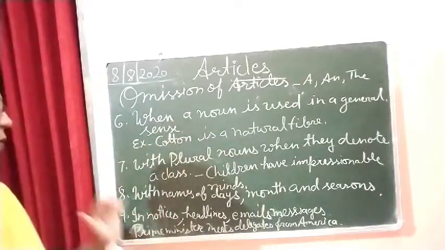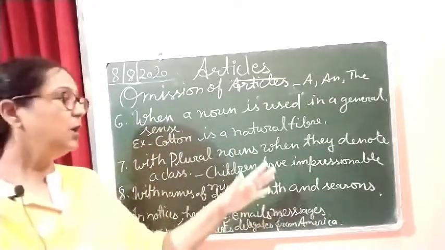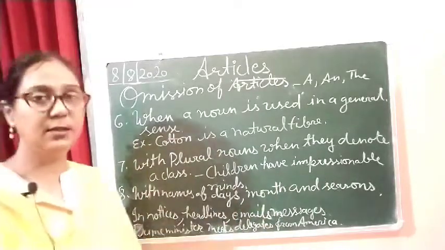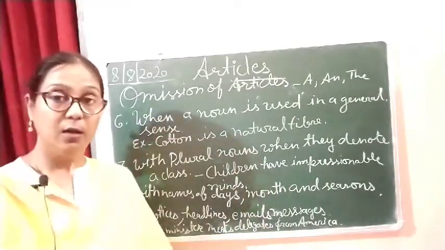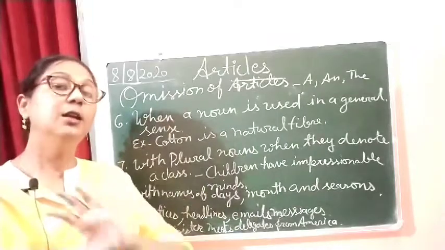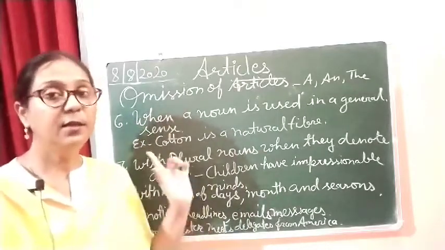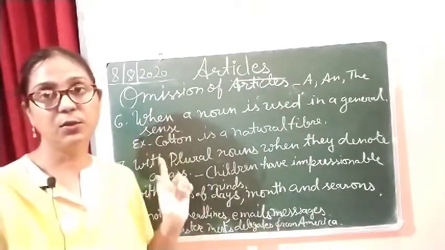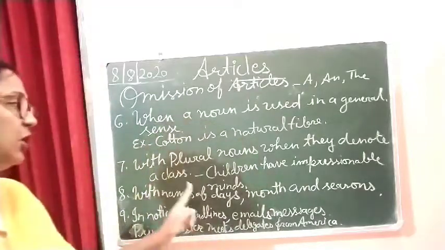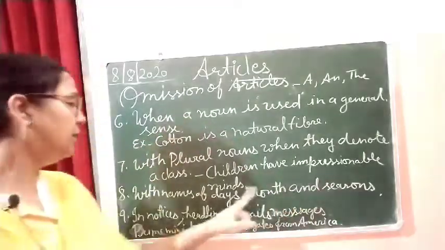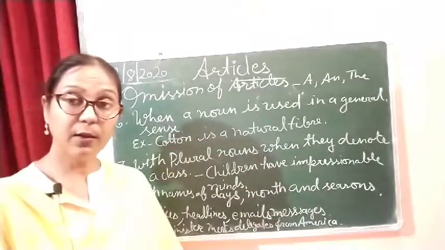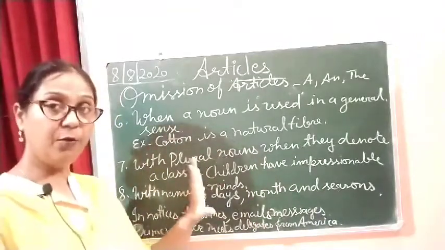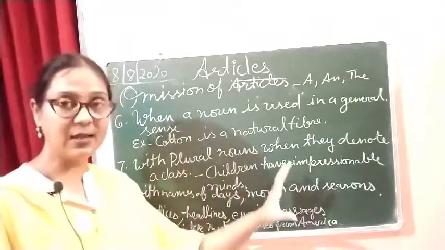Now, 7th point, with plural nouns when they denote a class. Whenever a plural noun denotes a class, there we are not supposed to use articles. Children have impressionable minds. So here we have focus on the class.